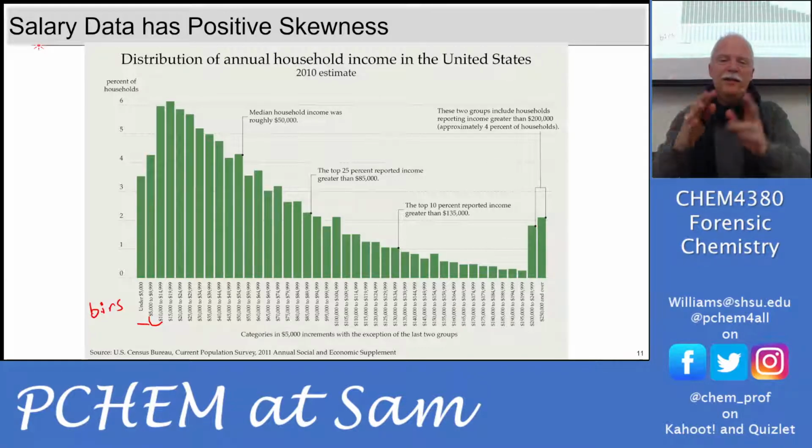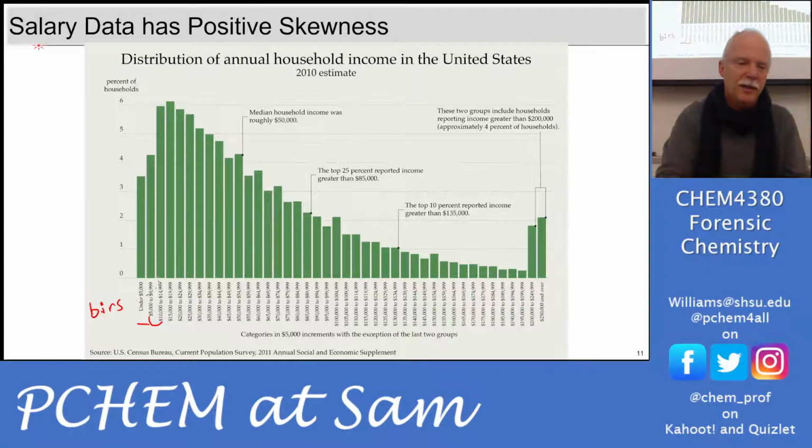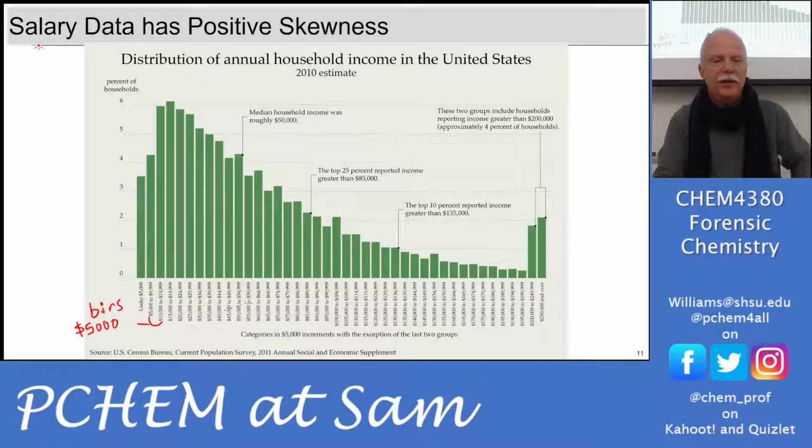And so how do we get them into these blocks? We have bins, and we throw all of the numbers of salaries in the different bins, and in this case, we have $5,000 bins. So that's the increment at which we increase our bar chart.